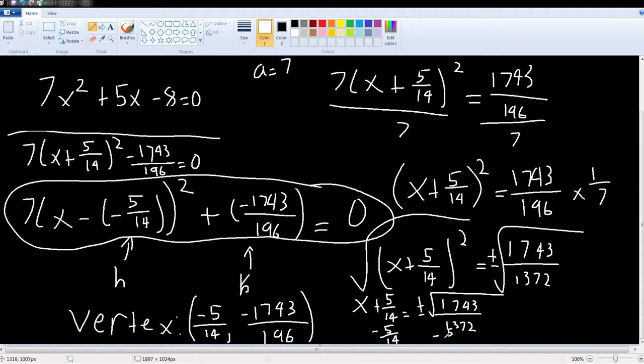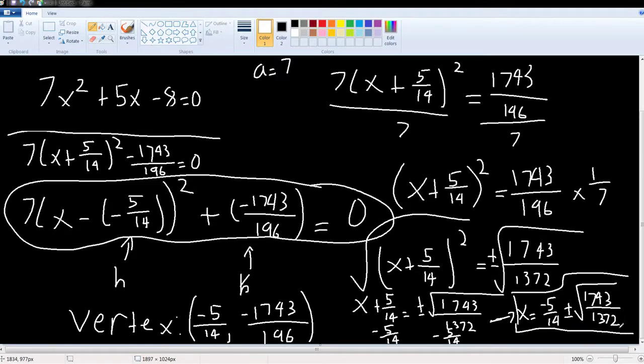So we are left with x is equal to minus 5 over 14 plus or minus square root of 1743 over 1372. So these are the roots that we will have for this quadratic.